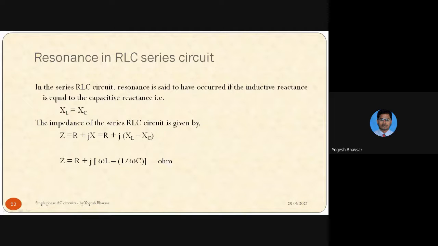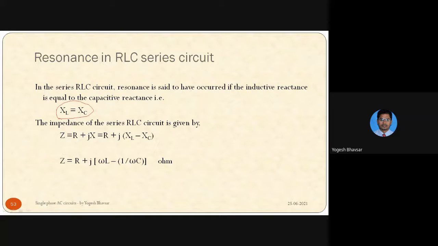Now look at that. We have already seen this condition that XL is equal to XC, and this is the condition for resonance. In a series RLC circuit, resonance is said to have occurred if the inductive reactance is equal to the capacitive reactance.